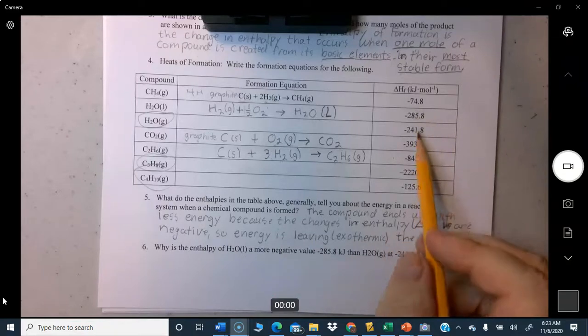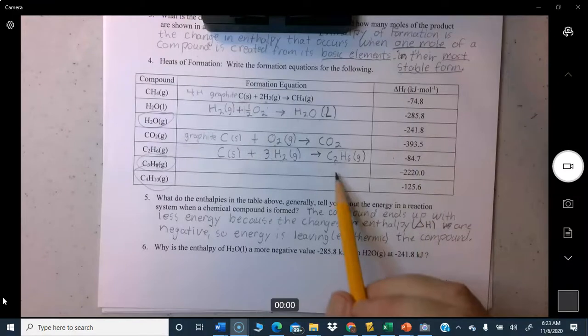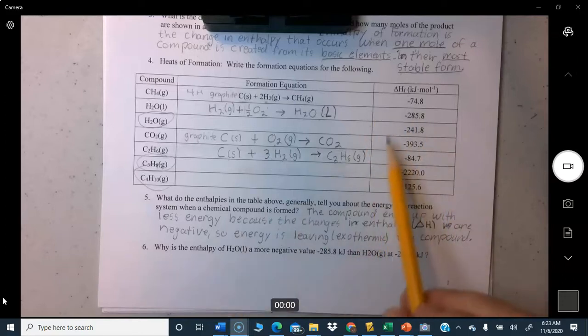Okay, so energy is going out of this reaction. That means the compound ends up at a lower energy state. So energy is leaving, exothermic, the compound. Okay, so that's a more stable state for it to be in right there.